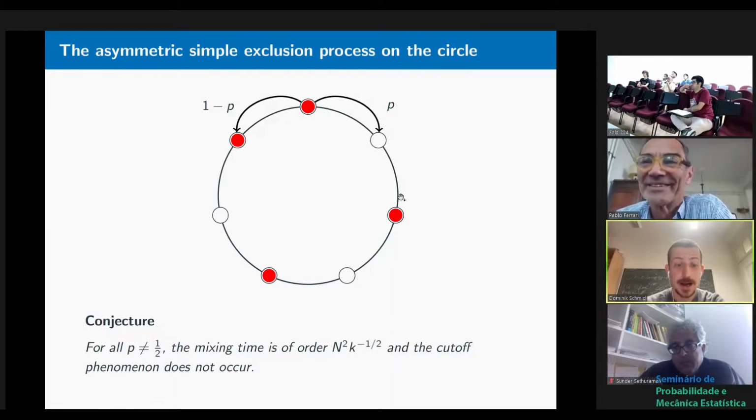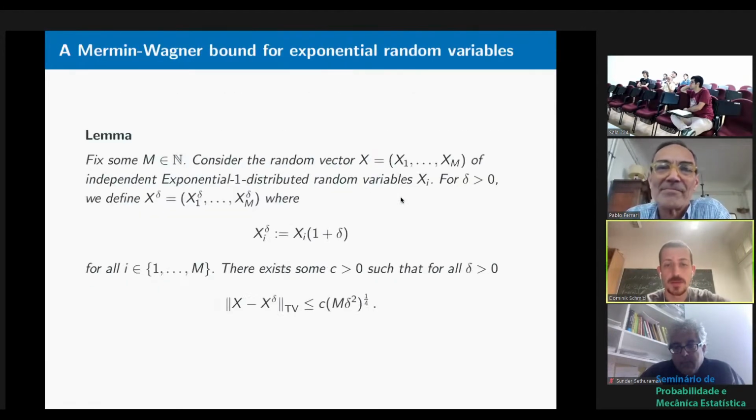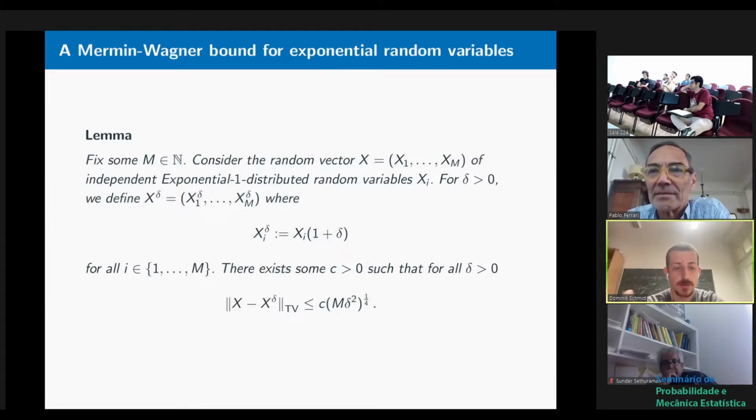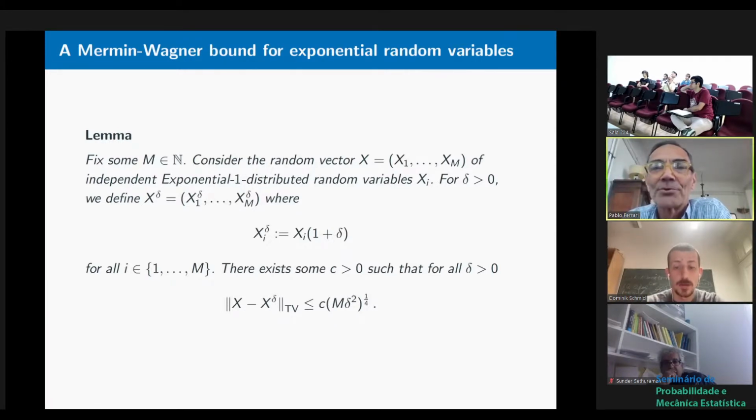Yes, and the thing is, if you would only do it without the Mem and Wagner bound, you would get nothing. You would only know that you can change it at some very small scales, which you anyway have. It's really using that you have this construction with uniforms. But how do you couple the uniforms to get that? This is what I couldn't understand.